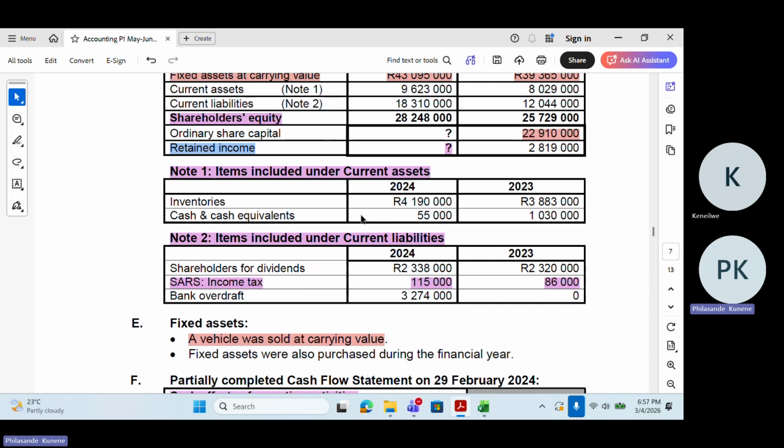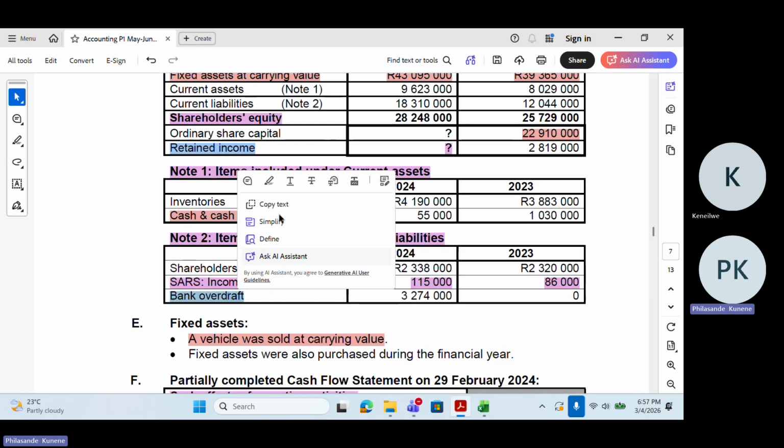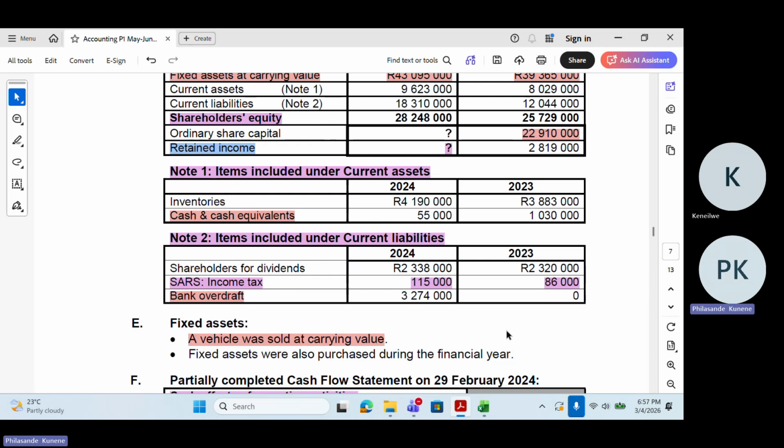Let's get the cash and cash equivalents at the end, because we have cash and cash equivalents here, and we have a bank overdraft. So how much would our cash and cash equivalents be at the end? Will it be negative 3,219,000 rand?